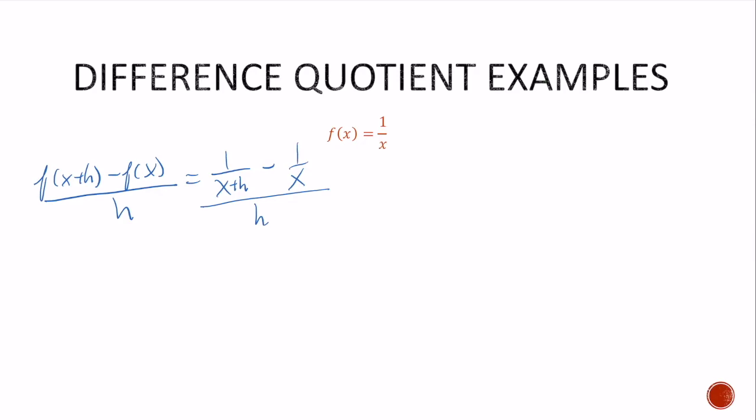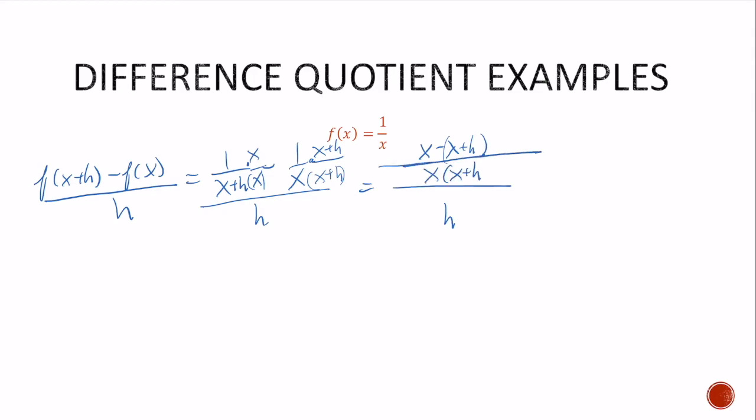So I'm going to go ahead and multiply my first fraction by x over x and my second fraction by (x plus h) over (x plus h). So that way we can have the same denominator. So I have (x minus (x plus h)) over x times (x plus h).